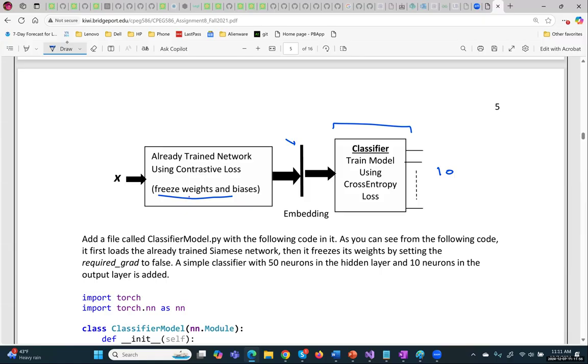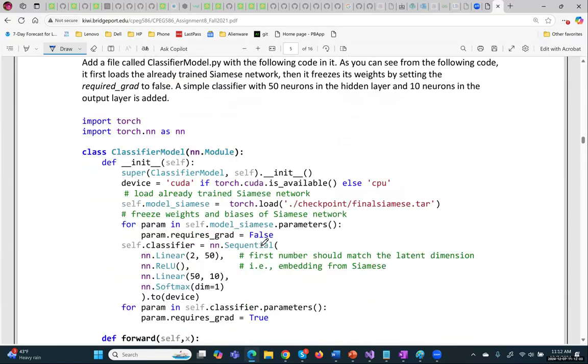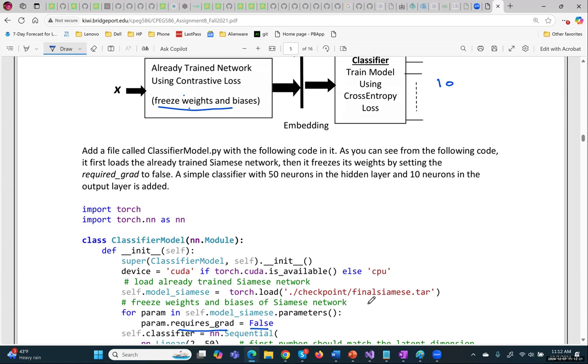So how do we freeze weights and biases in PyTorch and only train this part? PyTorch has a simple property called requires_grad. If you set it to false, it will not change the weights and biases of that part of the network. So we will load the already trained first part of the network, the one we trained using contrastive loss.